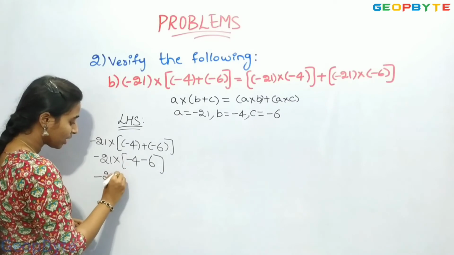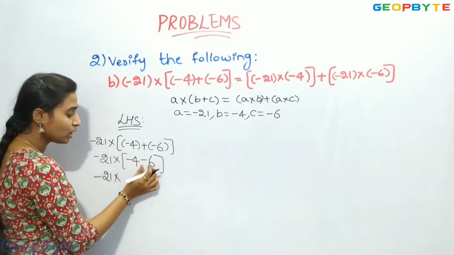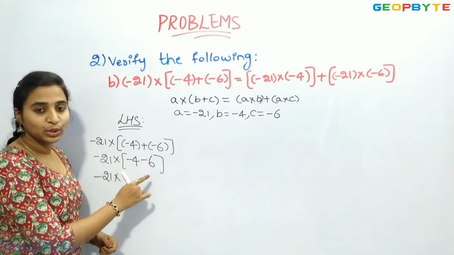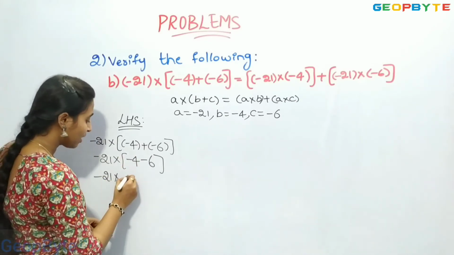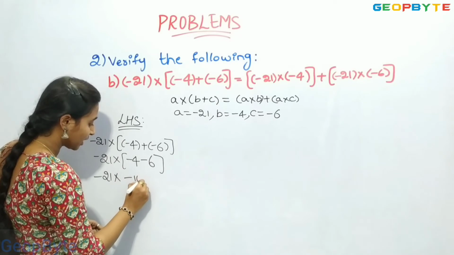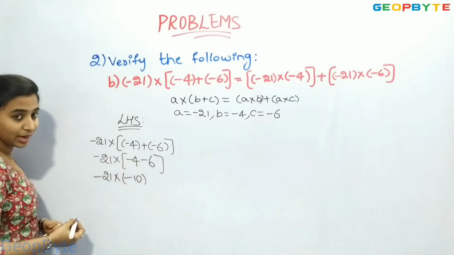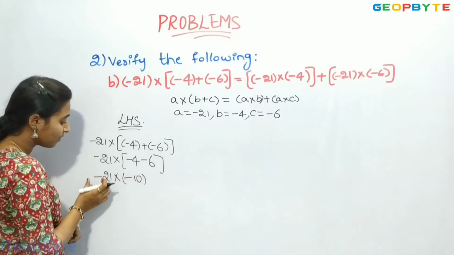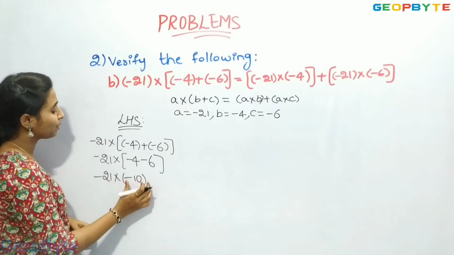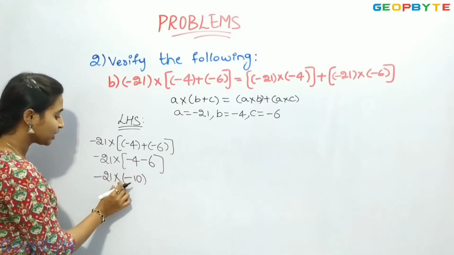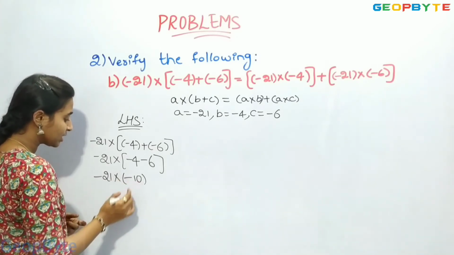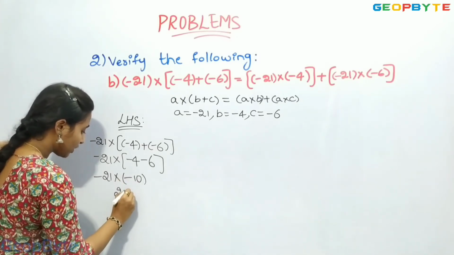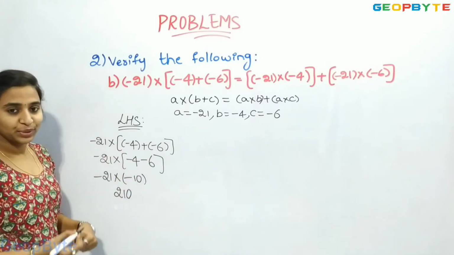Minus 21 into minus 4, minus 6. Minus into minus plus, 6 plus 4, 10. That is minus 10. Now, we have minus 21 into minus 10 in multiplication. Minus and minus becomes plus. 21 tens are 210. That is, we got positive integer 210.